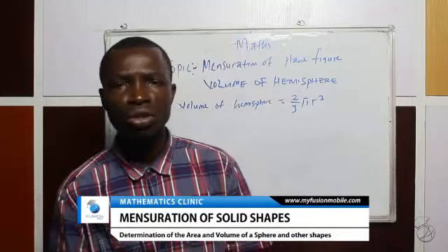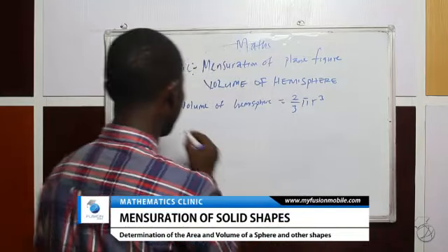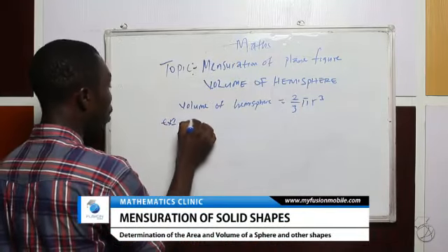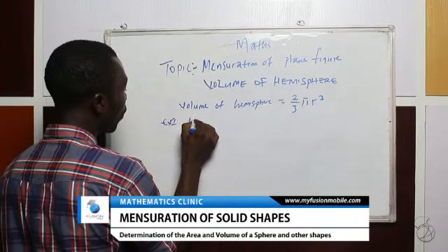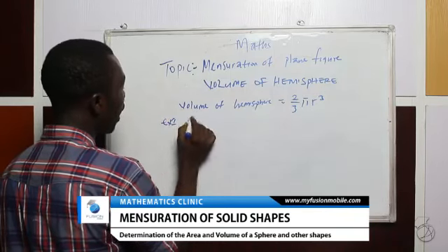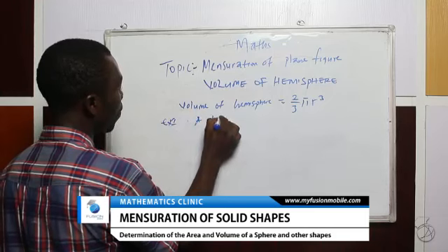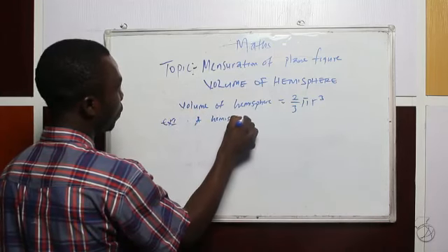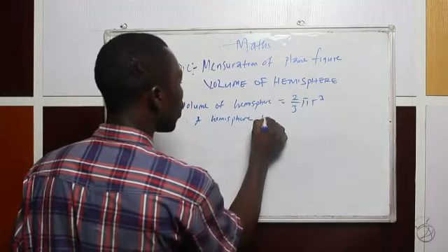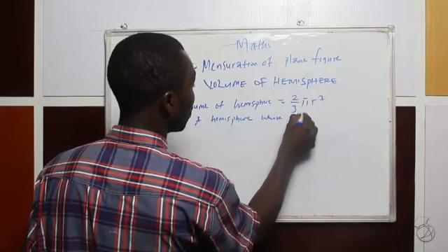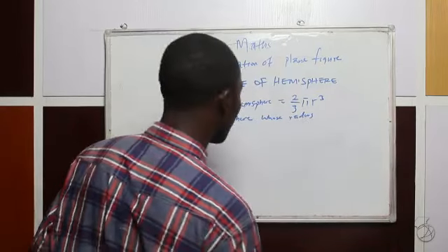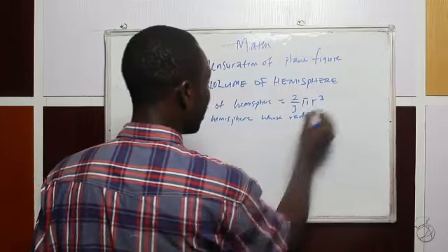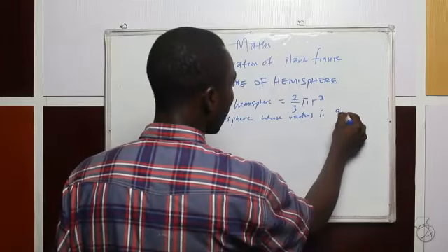Therefore, I want us to use this example. Example 1. A hemisphere whose radius is 9 centimeter.